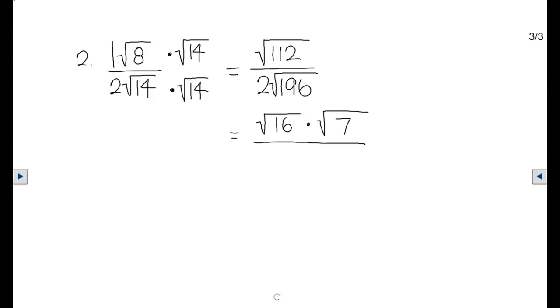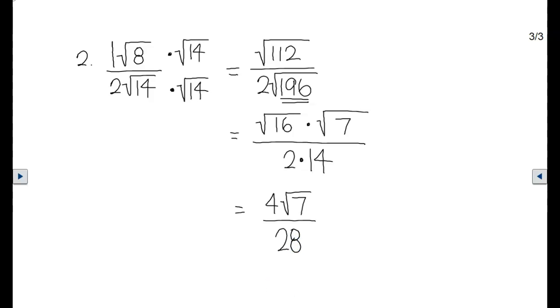On the bottom, 196 is a perfect square. He's in your list. The square root of 196 is 14. All right, continuing on. On the top, we can do the square root of 16 and make that 4 square roots of 7. On the bottom, 2 times 14 is 28.